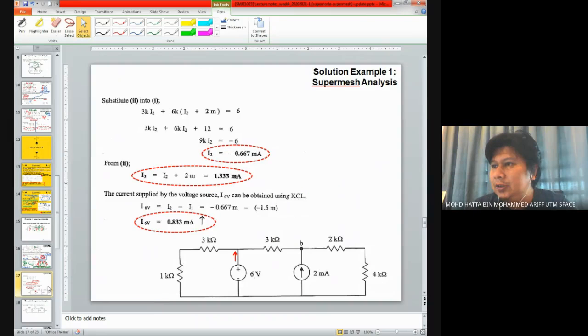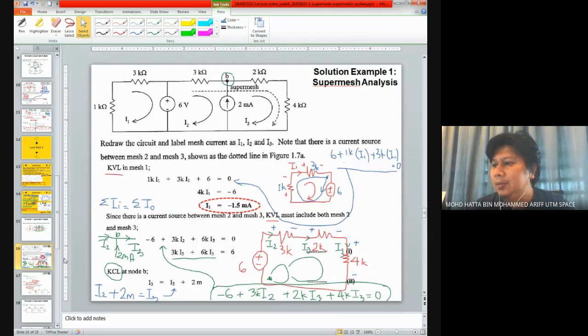For the rest of the solution, you need to substitute, or solve the simultaneous equations. You already have the definition of maybe I3. If you substitute I3 into the first equation, maybe you can get I2. Over here, I have 3k I2 plus 6k I3 equals 6. Here I have I3 equals I2 plus 2 milliampere.